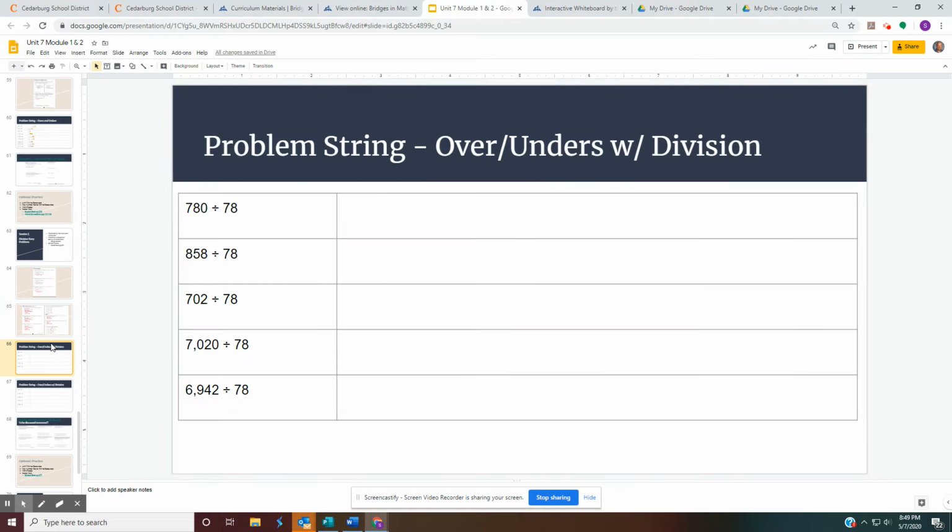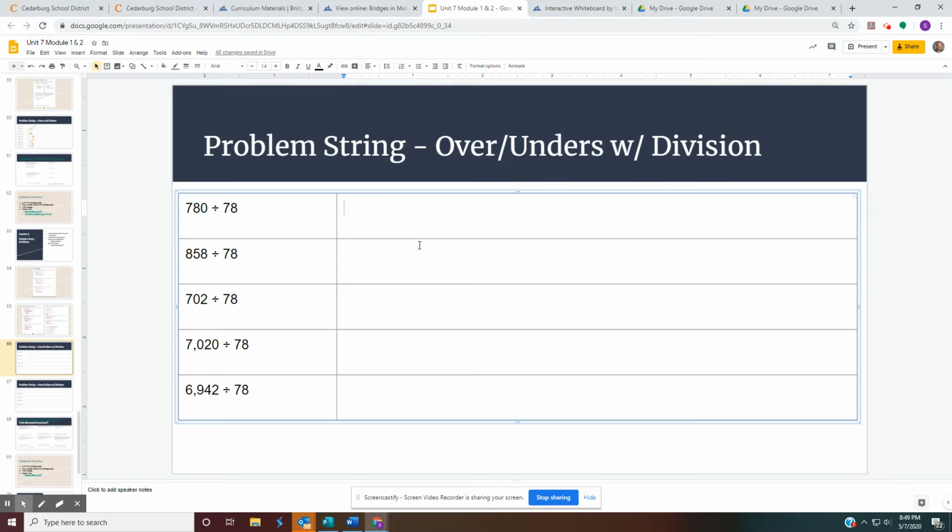Problem strings. Get out your notebooks. We're going to nail this because we are coming to the end of Unit 7. Actually, we're only halfway done with Unit 7, but we are coming to the end. Eventually, the Bridges program will be over and there won't be any more problem strings, so just hang in there with me. All right, so for our first problem, we're going to divide 780 by 78.